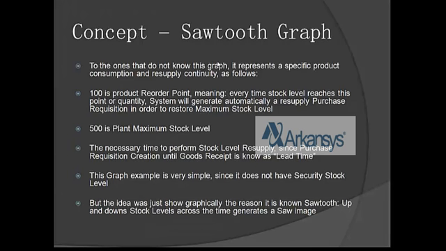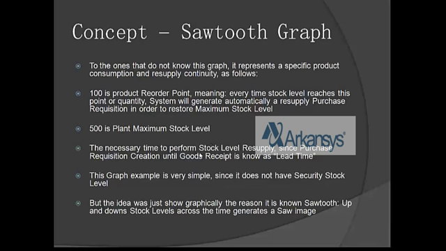Let's see more concepts. For those who do not know this graph, it represents a specific product's consumption and resupply continuity as follows. 100 is the reorder point, meaning every time the stock level reaches this quantity, the system will automatically generate a resupply purchase requisition in order to restore the maximum stock level. 500 is the plant maximum stock level.